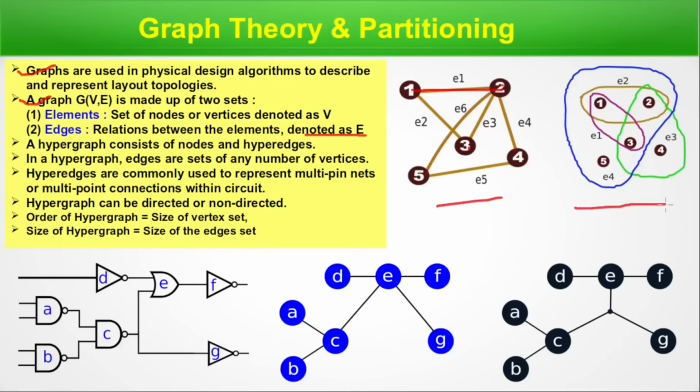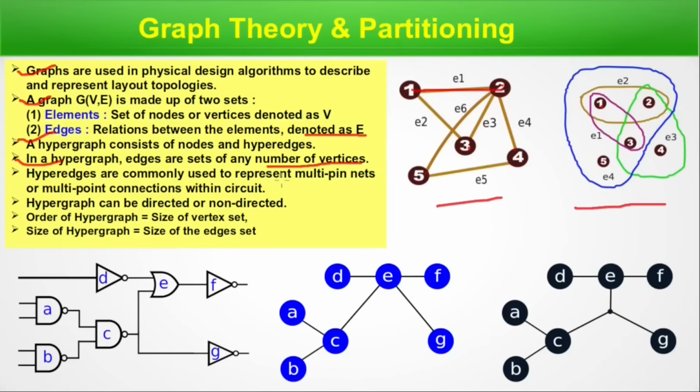Now this is a hypergraph. A hypergraph consists of nodes and hyperedges. So these are nodes and these are hyperedges. In a graph, an edge is connected with two nodes or two vertices. In case of a hypergraph, multiple nodes can be connected. In a hypergraph, edges are sets of any number of vertices, not restricted to 2.